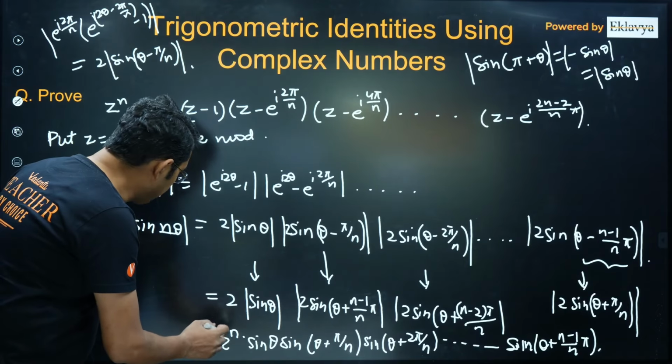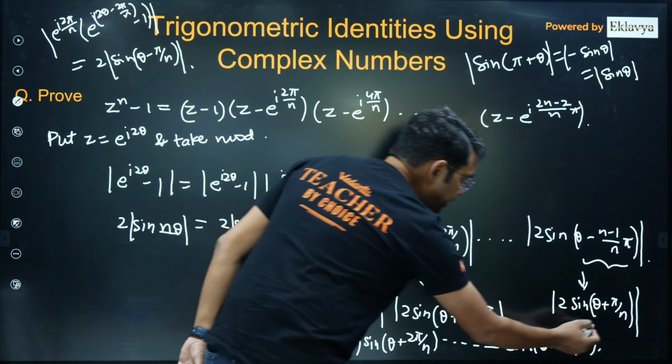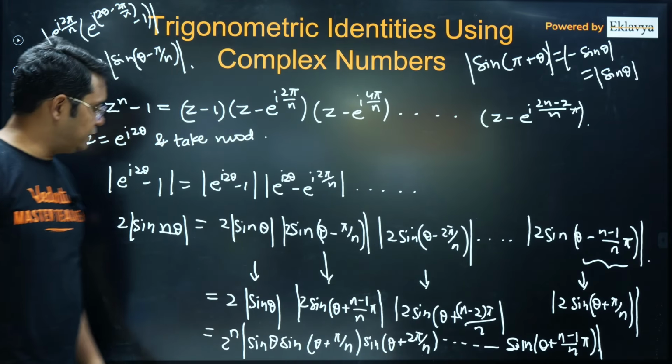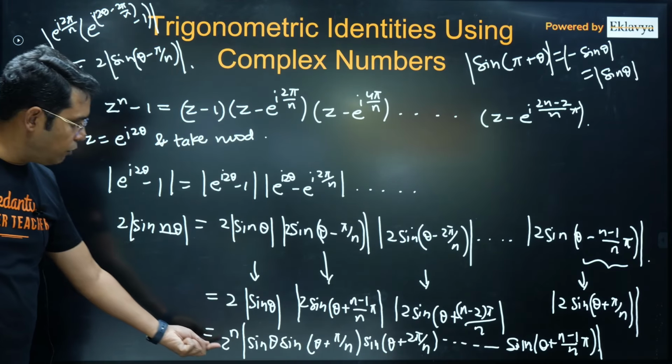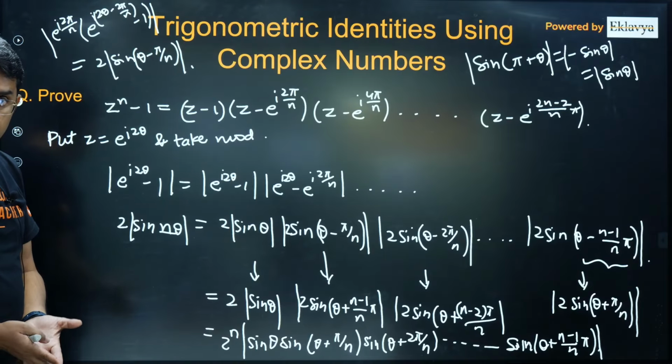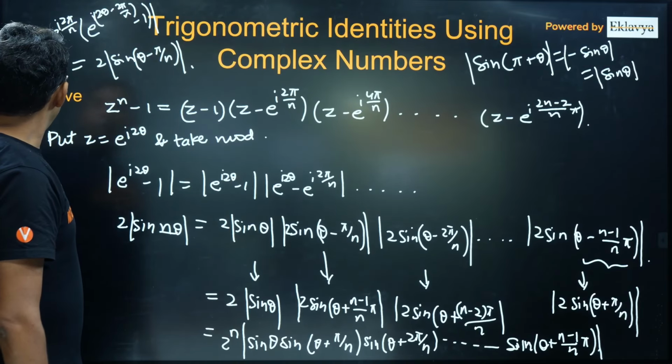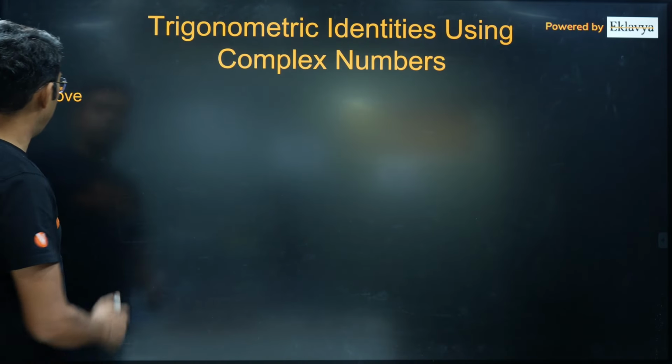Okay, here there is one problem. You may say that it was a mod. So how can we say that sine n theta will be equal to this thing without mod also? Let me write it on the next slide. So what did we get?